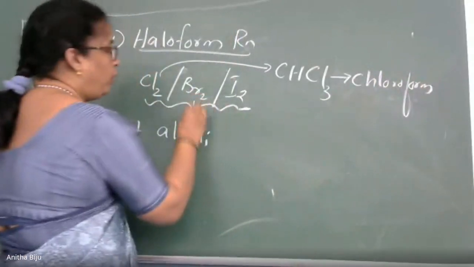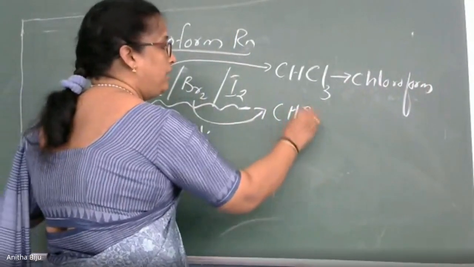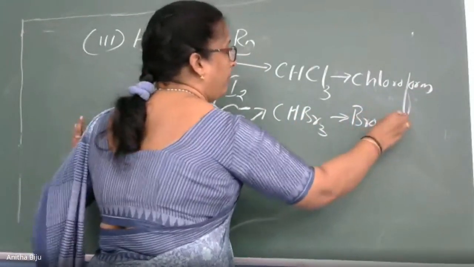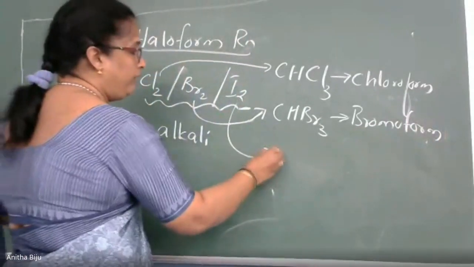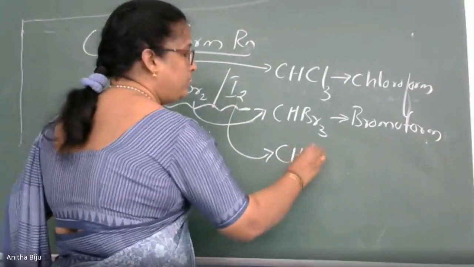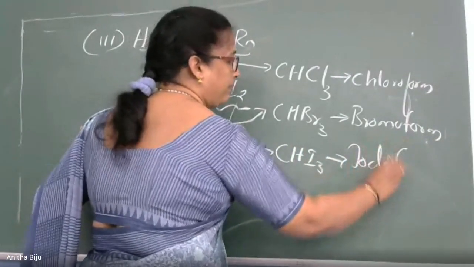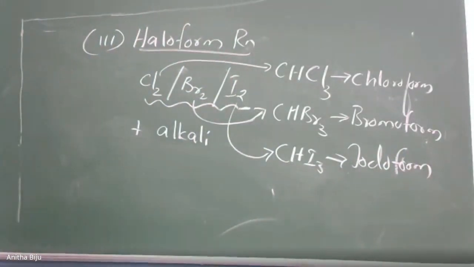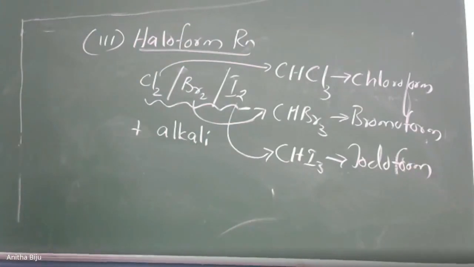If we use bromine, we get bromoform, CHBr3. And if it is iodine, we get iodoform, CHI3. And all these forms are there. That's why the common name is haloform.